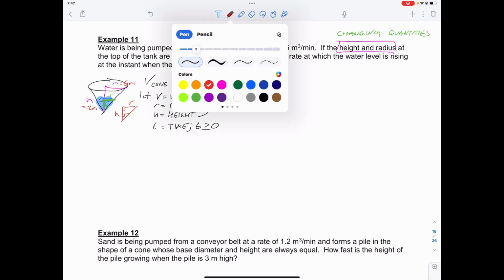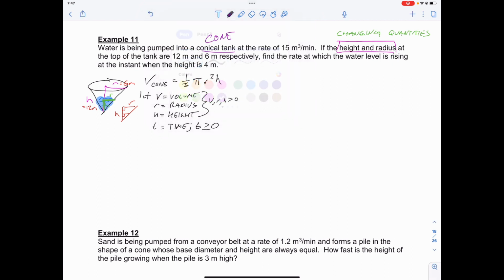Which means that if the ratio of the radius to the height is 6/12, then the radius is going to equal, when I multiply the height to the other side and reduce that fraction, 1/2 of whatever the height is. That's always going to be true, no matter what.